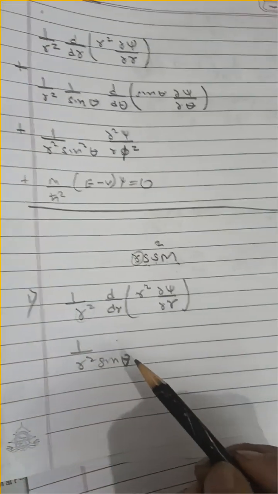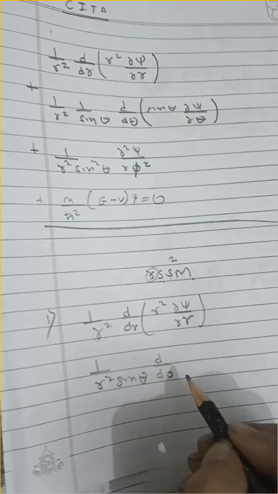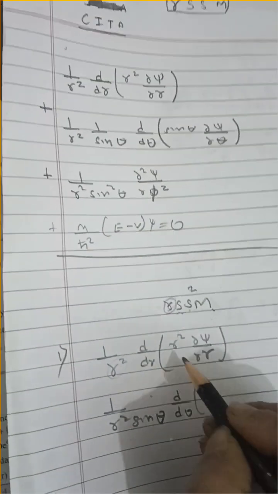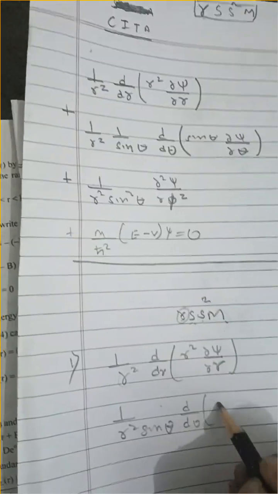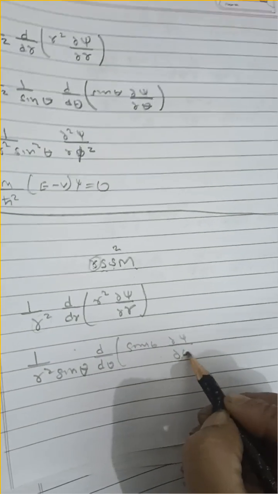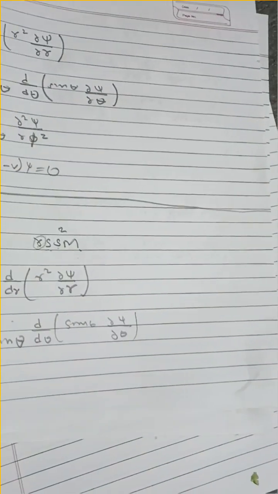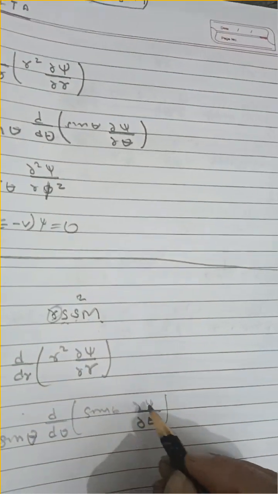As soon as we complete writing sine theta, we have to write d by d theta, again its operator, and similar to this we take this sine theta here and again write its product with d by d theta, with its differential operator.